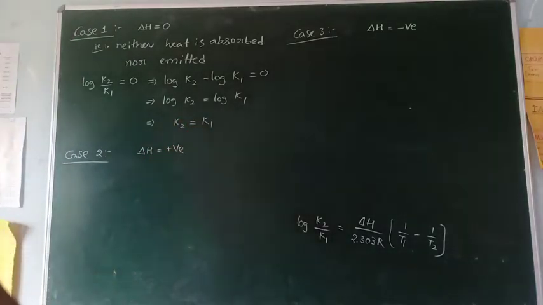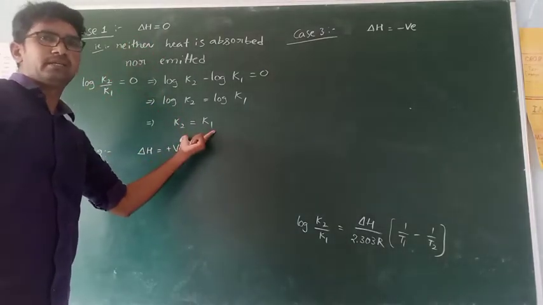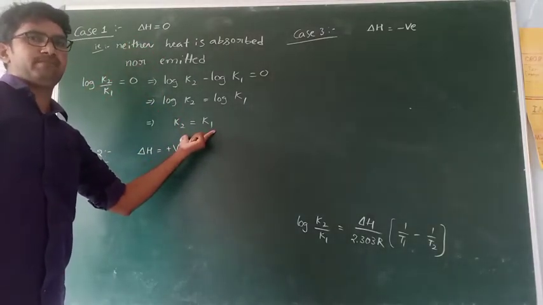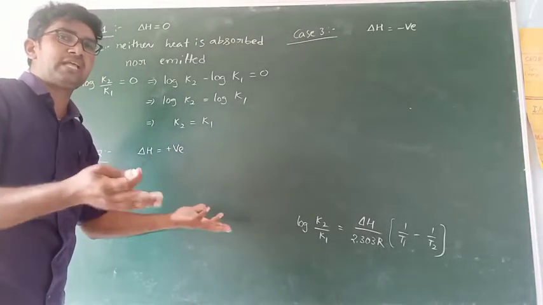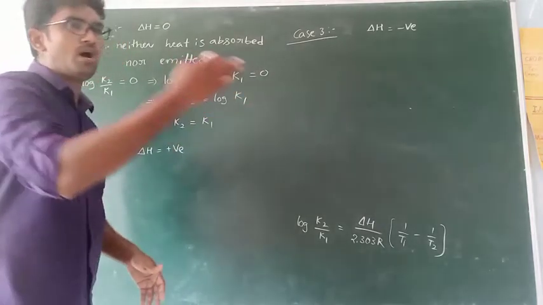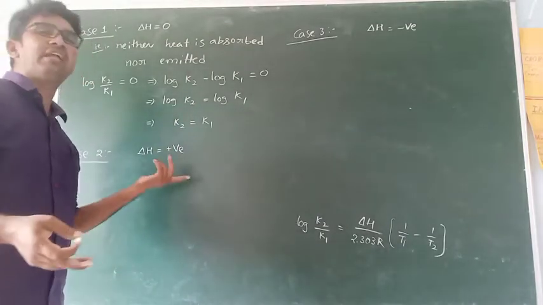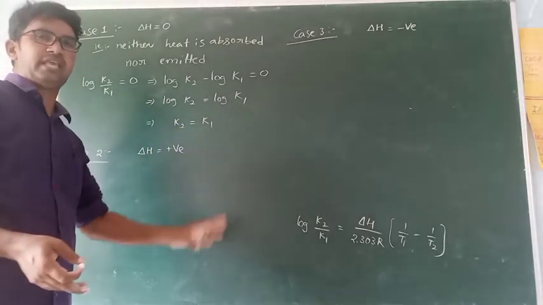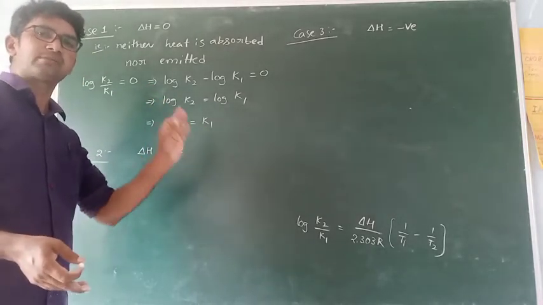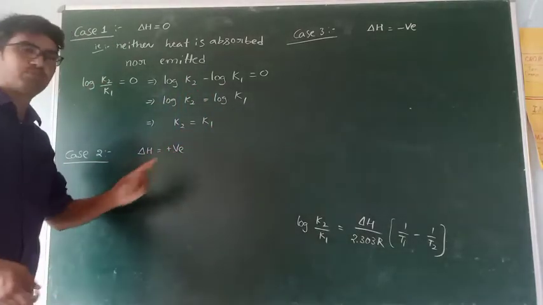So if delta H is equal to 0, both equilibrium constants are the same, which means there is no change with temperature. If the temperature changes, there is a possibility of absorption or release of heat or energy. So if delta H is 0, both K1 and K2 values are the same.